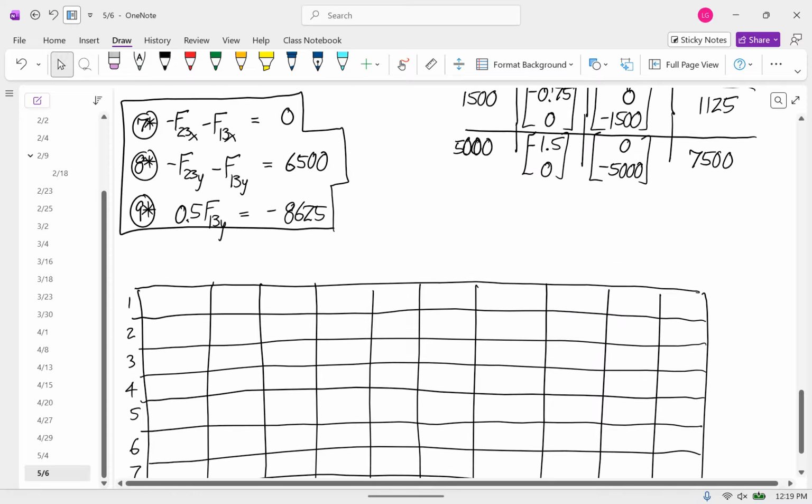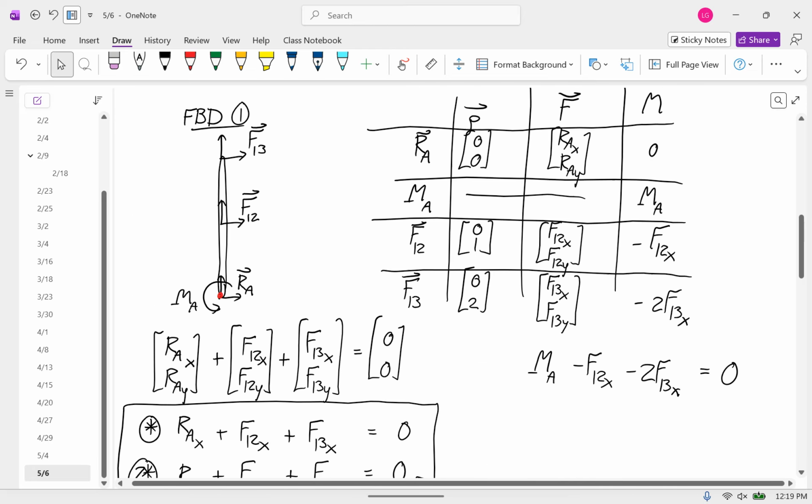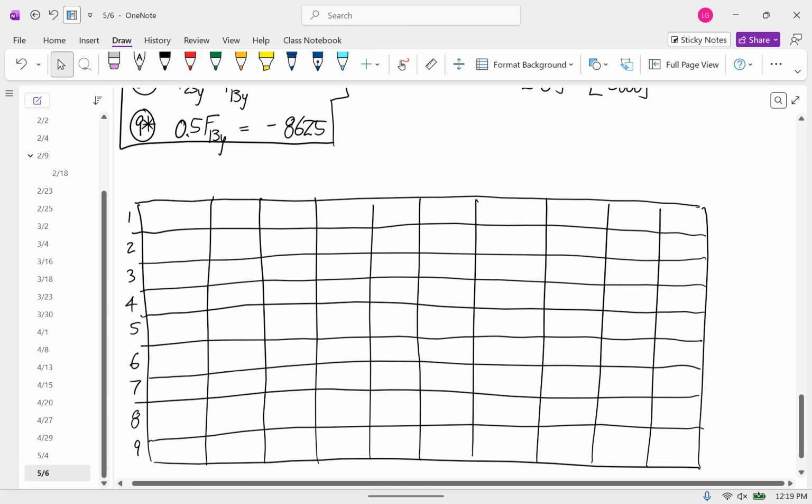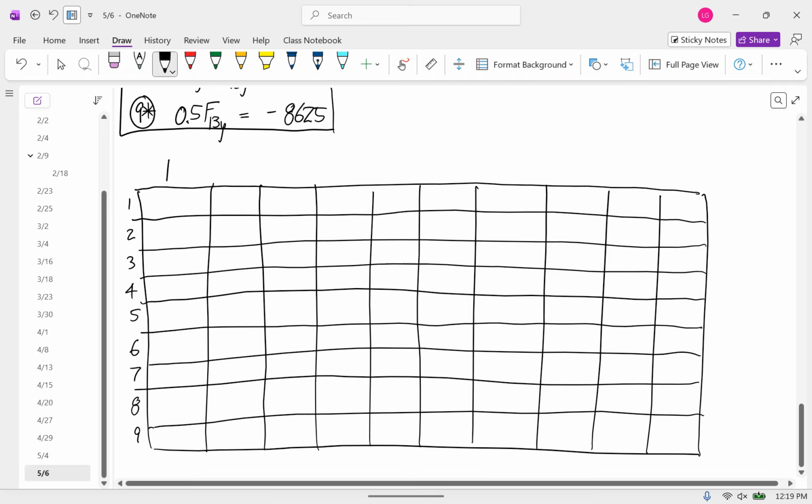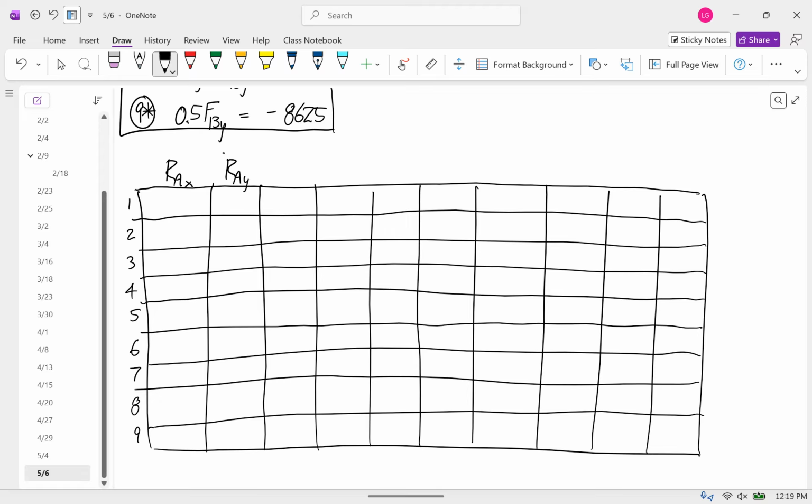And then variables, we have RAX and RAY, F12X, F12Y, F13X, F13Y, F23X, F23Y, and MA, and then this is the constants.